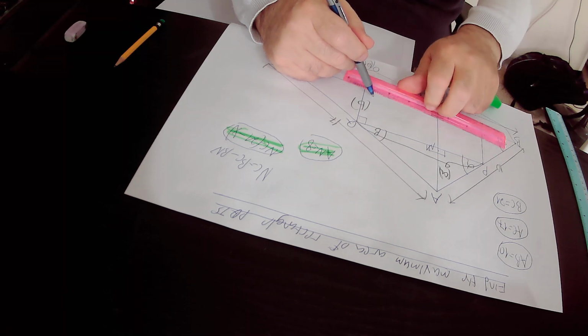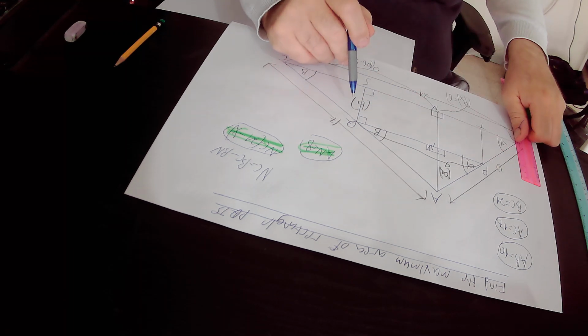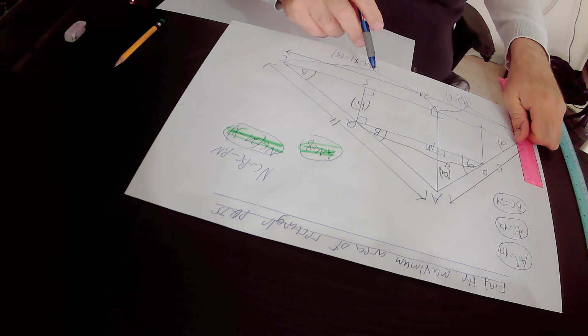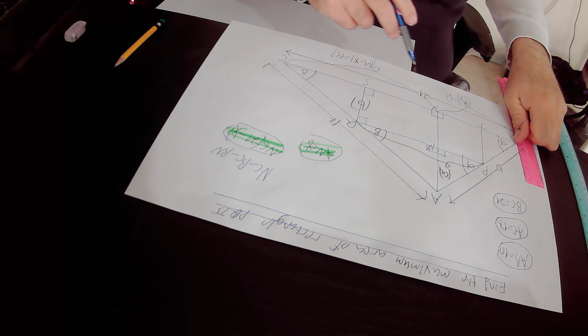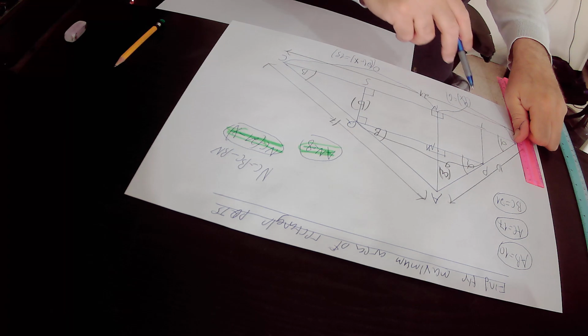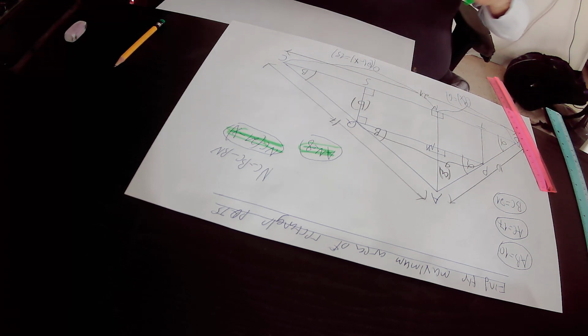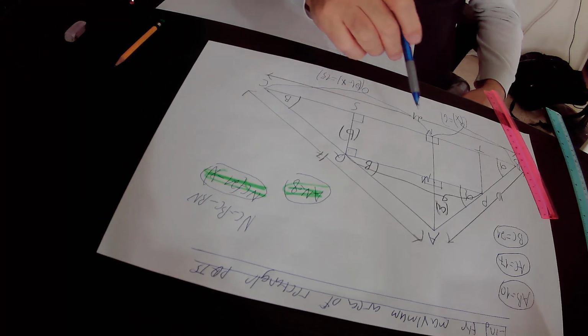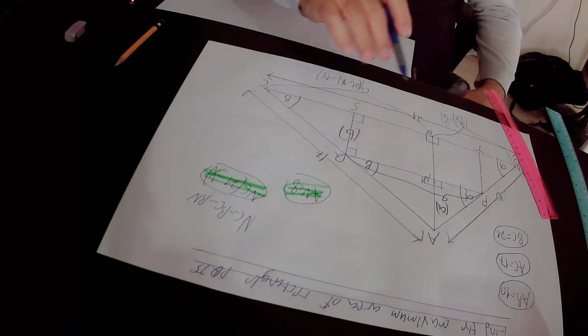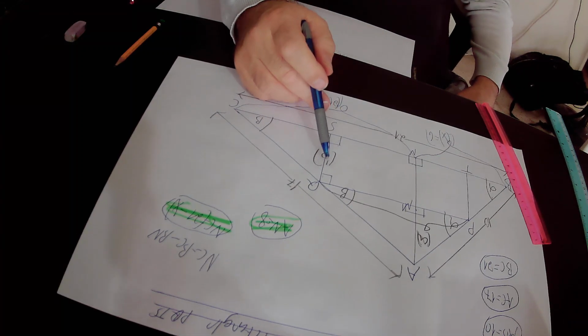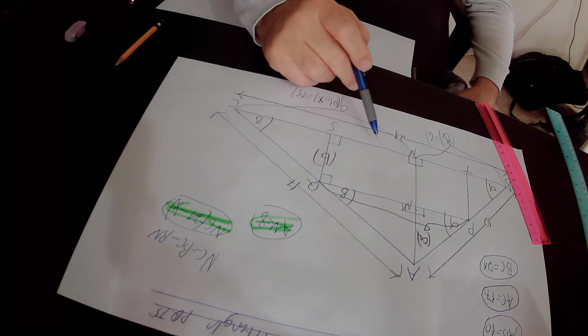I'll repeat again: those two angles are part of the angles of rectangle PQST, and we know that all the angles inside any rectangle are right angles. So inside this small quadrilateral MQSN, we have 1, 2, 3 right angles.